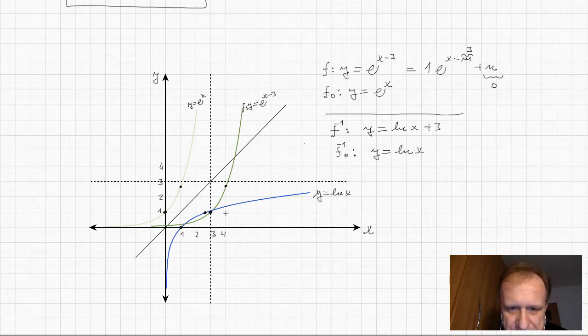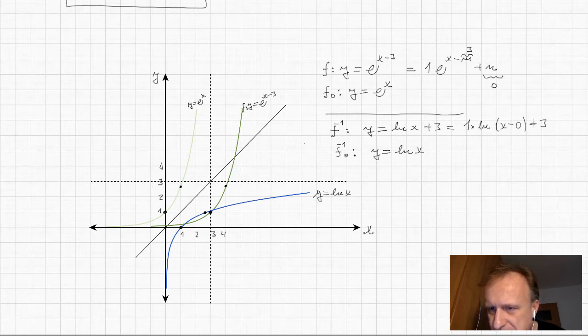This logarithmic function should be translated by some distance, and you see that it has the form 1 times logarithm of x minus 0 plus 3. So this is m and this is n. I don't have to translate it in the horizontal direction, but I do have to translate it in the vertical direction.